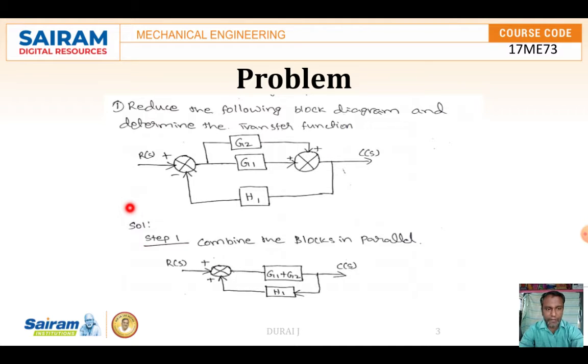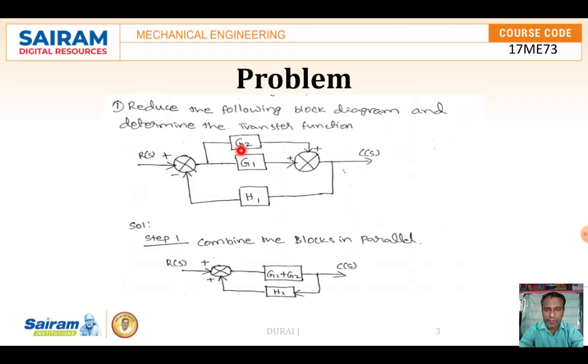First, let us check this block diagram, G1 and G2. Here you can see the signal moves from left to right through G1 to C of S. In G2 also the signal moves from left to right, so these blocks are arranged in a parallel manner.